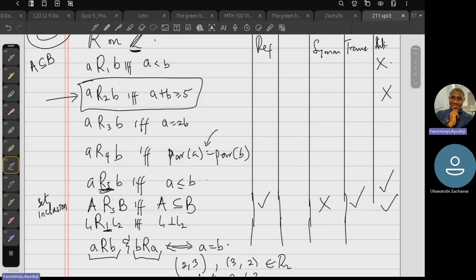Is it reflexive? Line 1 is perpendicular to line 2 means line 2 is perpendicular to line 1. No, sir, it's not. Why is it not reflexive? We are only dealing with the first element, line 1.